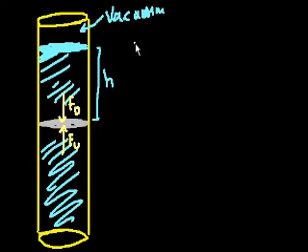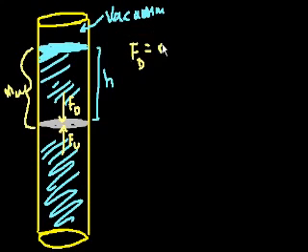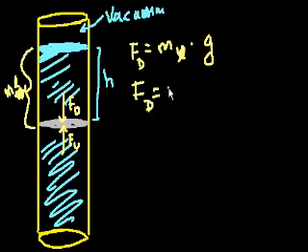So the force down, which is the same thing as the force up, is going to equal the mass of this liquid times the gravitational constant. Oh, and actually, I shouldn't say water. I said this is going to be some random liquid. So the force down is equal to the mass of the liquid times gravity.